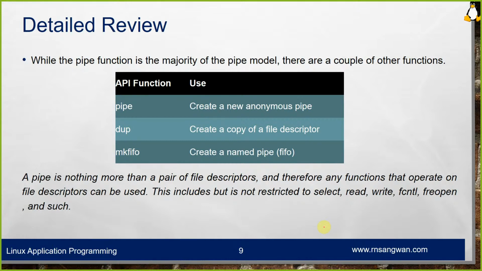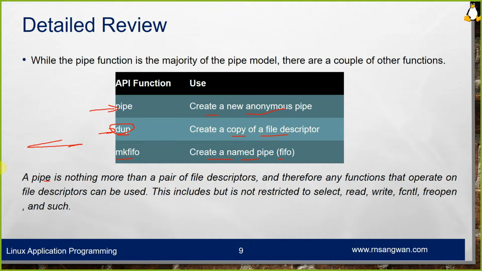While the pipe function is the majority of the pipe model, there are a couple of other functions like pipe. This function creates a new anonymous pipe. DUP, that is dup, creates a copy of the file descriptor, that is, duplicate. Mkfifo creates a named pipe. A pipe is nothing more than a pair of file descriptors. That is an interesting observation.